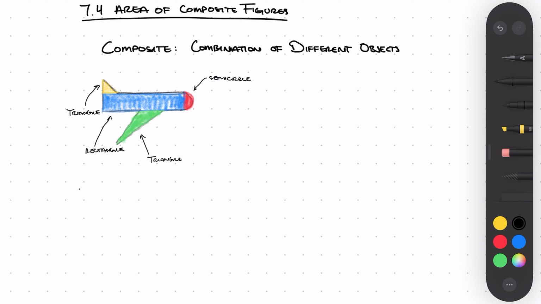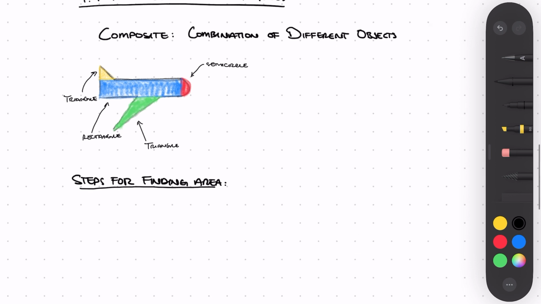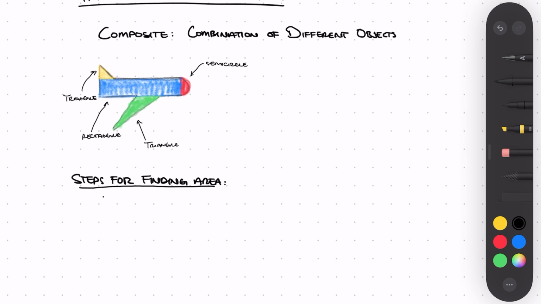So now let's talk about how we find the area. So, steps for finding area. And let's underline that because it's fairly important. All right, what are the steps for finding the area of these complex objects? Step 1, you should find the different simple shapes.